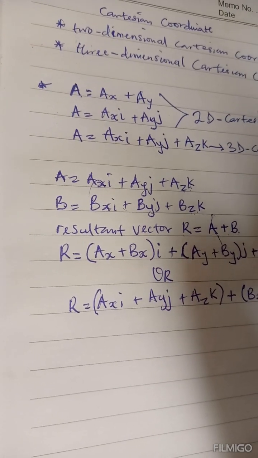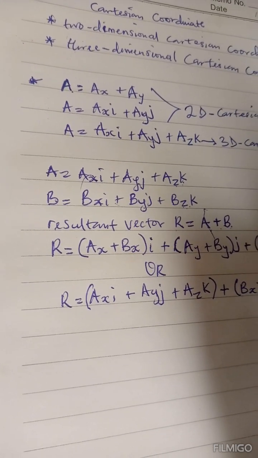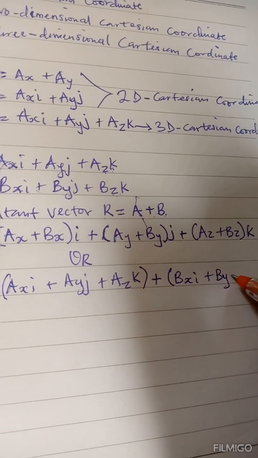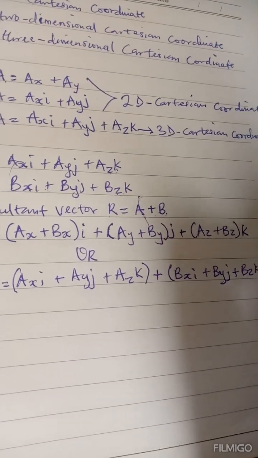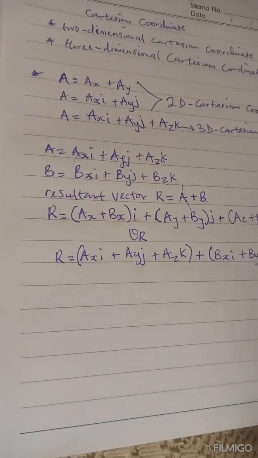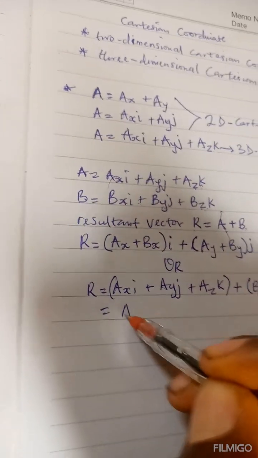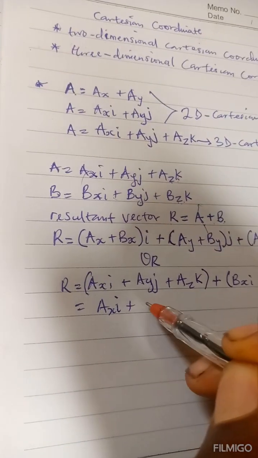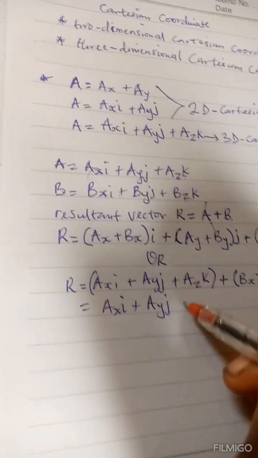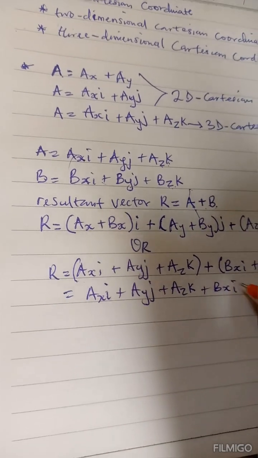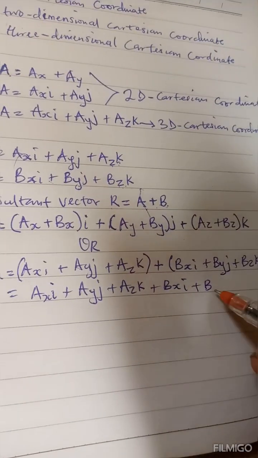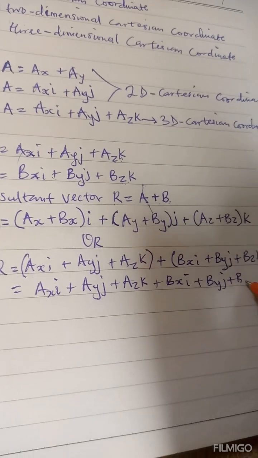Bxi plus Byj plus Bzk, right? I'm going to open the bracket. So opening the bracket, I have Axi plus Ayj plus Azk plus Bxi plus Byj plus Bzk. Now, what next?